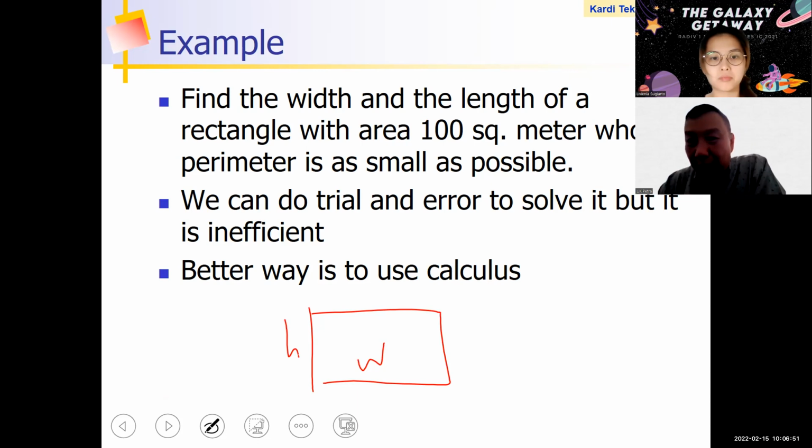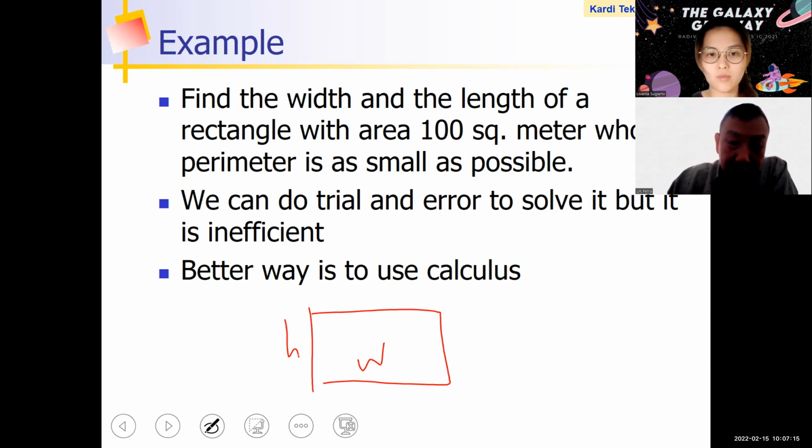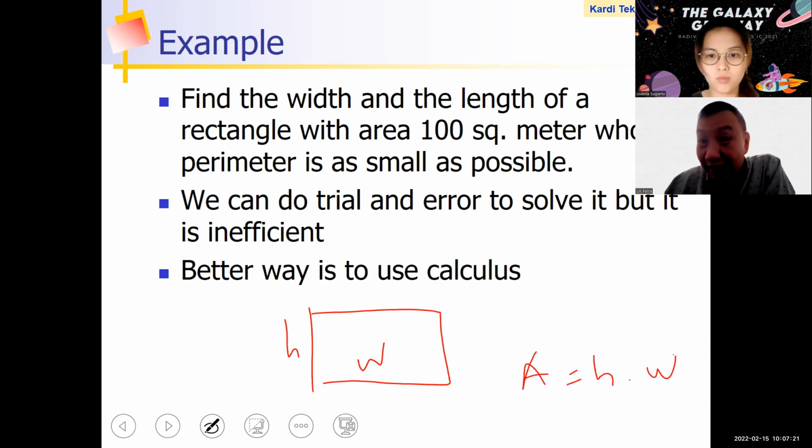What is the perimeter? The area is H times W, right?